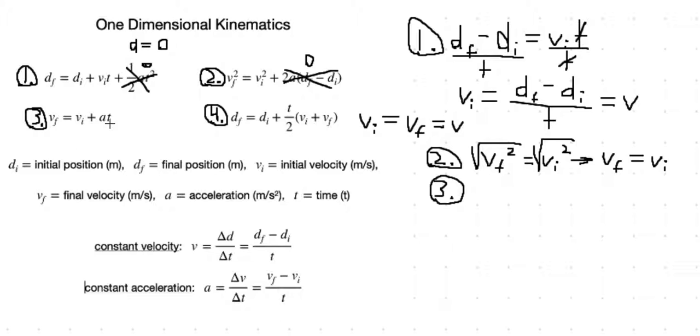So for equation 3, we set a equals 0. So this last term is going to be 0. So then again, we have vf is equal to vi. So same as equation 2. So what about equation 4?